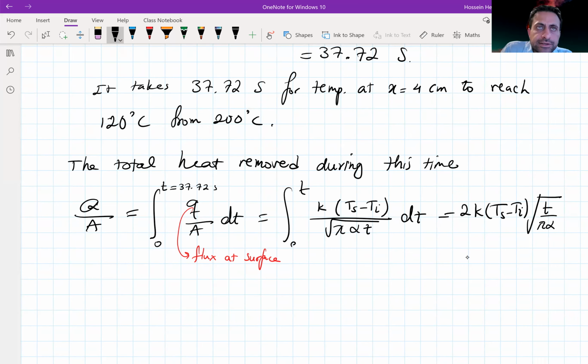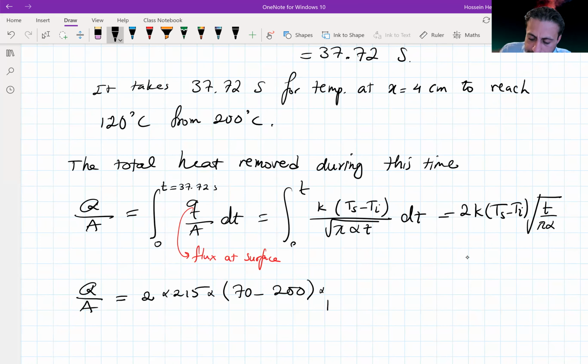At the surface, q over A is going to be 2 times 250, which is k, times this delta T, 70 minus 200, times the square root of 37.72 divided by pi times 8.4 times 10 to the power minus 5, which is alpha.